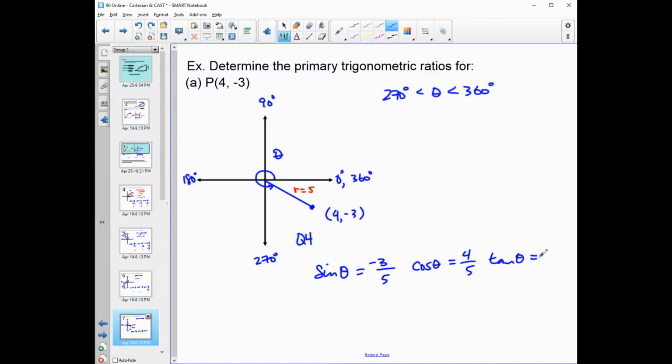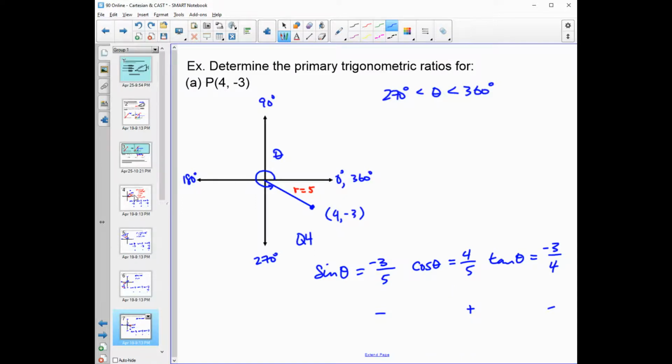And the tangent of theta is y over x, which is -3 over 4. Sine is negative, cosine is positive, tangent is negative. So we have cosine is positive now.